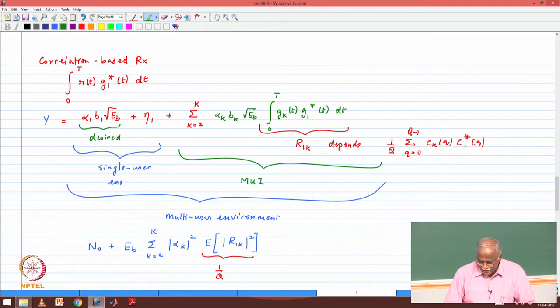Okay. So this is the framework, and I believe we went through and justified that the expressions that we will get are of this form. But let me just pick it up from here and develop it in today's lecture. So this is where we begin today's discussion. Our key goal is to characterize multi-user interference, MUI.